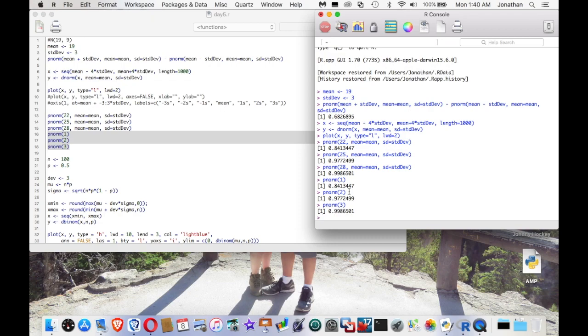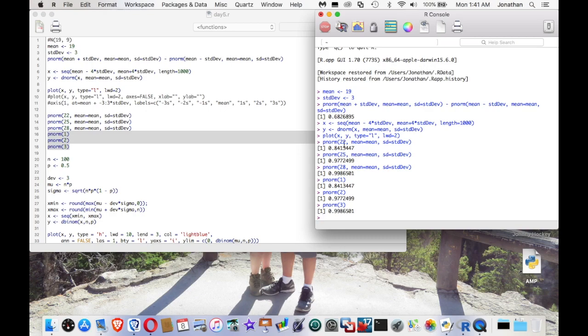And that's what we see here, that for our normal 0, 1 random variable, about 84% of the area is to the left of 1, so the mean plus a standard deviation. 97.7% of the area is to the left of 2, so the mean plus 2 standard deviations, and 99.9% of the area is to the left of 3, so the mean plus 3 standard deviations.